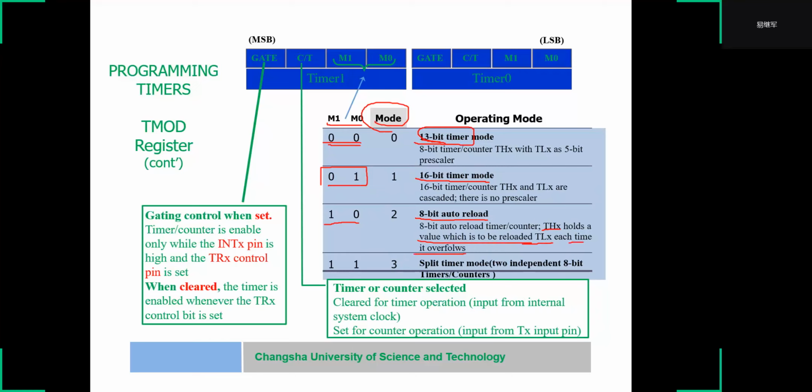When the timer overflows, the value in TH is reloaded to TL automatically. When M1 and M0 are set to 11, it is the split timer mode, two independent 8-bit timers. This mode is used only for timer 0.